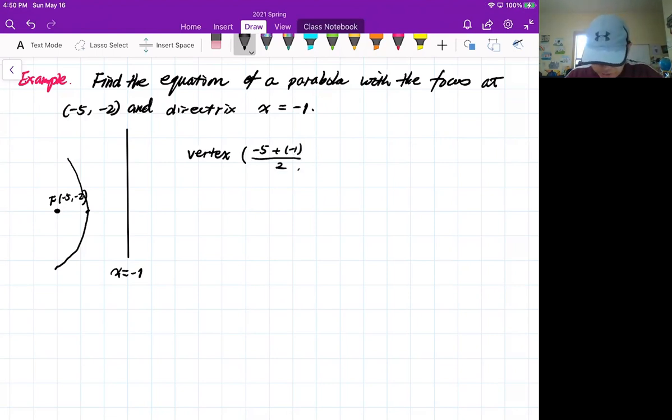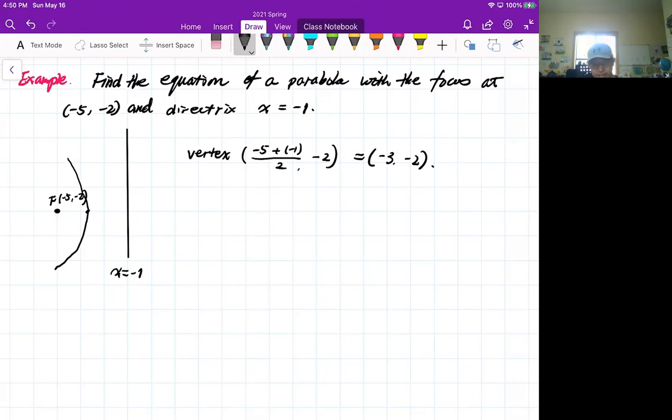It's the average of the two numbers, and the y value will be the same as the y value of the focus, -2. So we have -5 minus 1, that's -6, divided by 2, that's -3. So that's (-3, -2). All right, we get that. And now let's try to write down the equation.